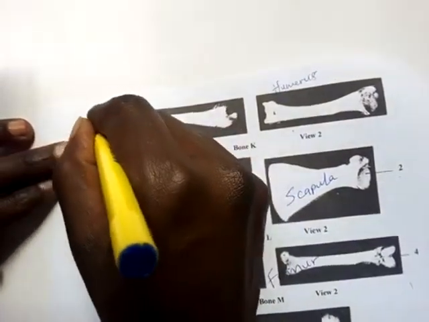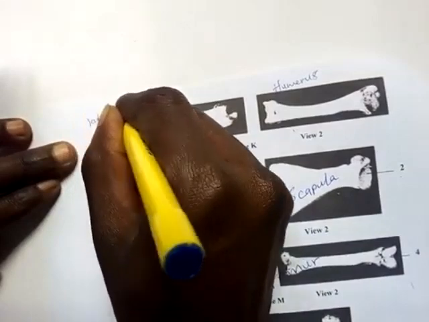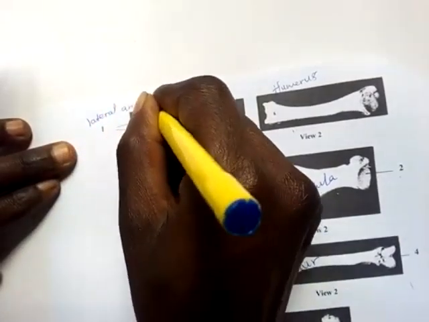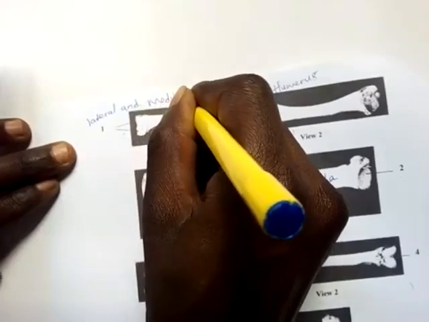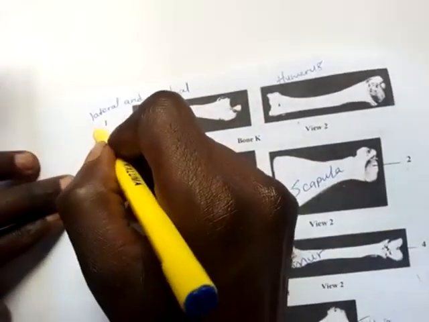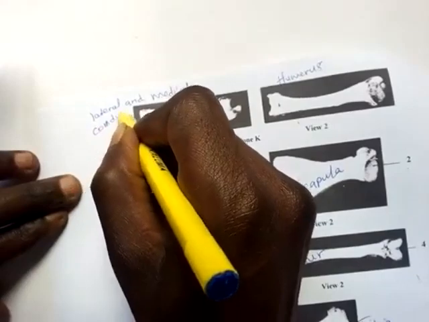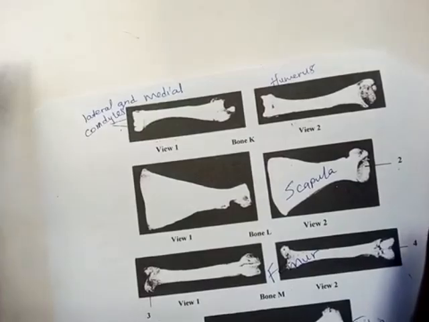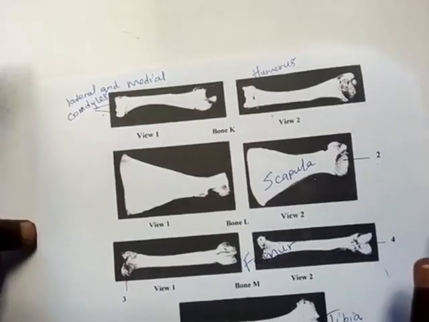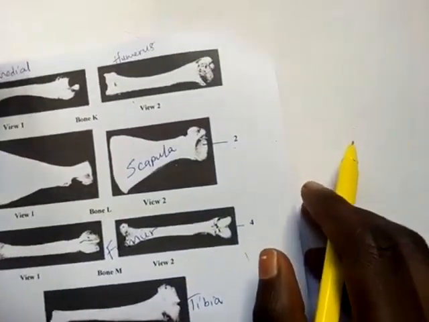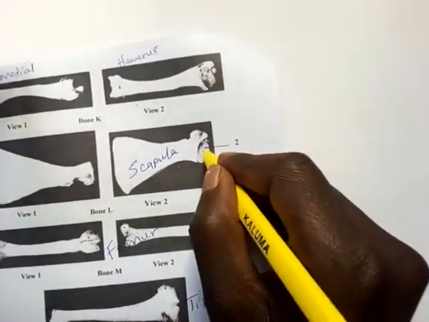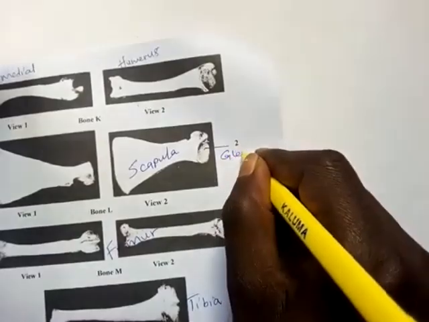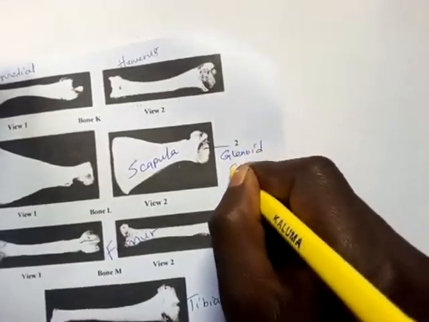They are the lateral and medial condyles, or you can simply call them condyles. And then number 2 is found in the scapula. This is the glenoid cavity.